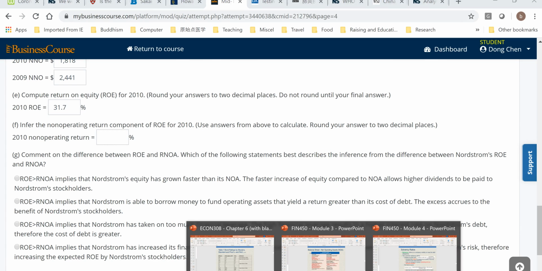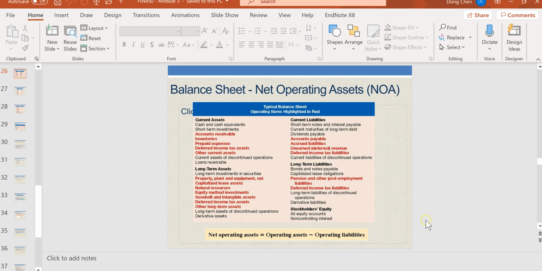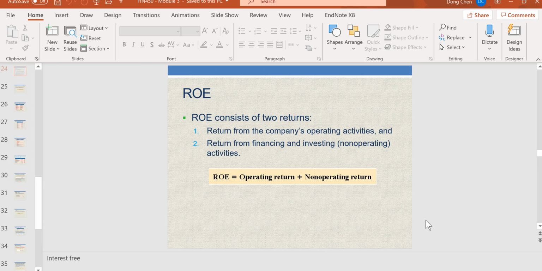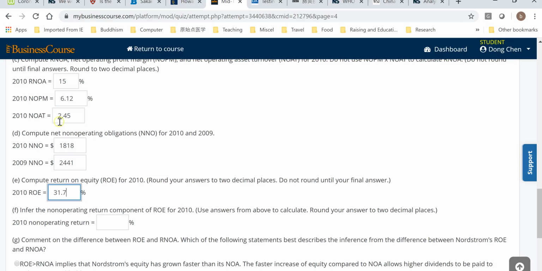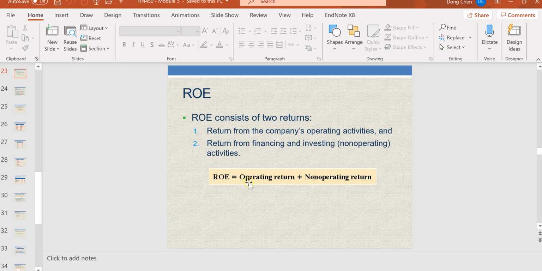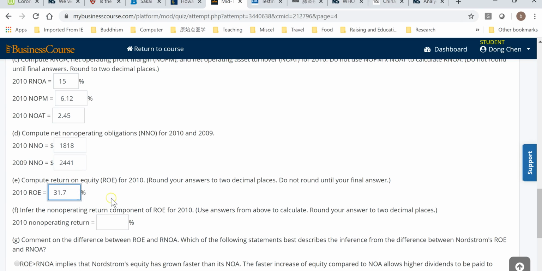So this question requires our understanding that ROE is the sum of the operating return and the non-operating return. So operating return basically is this return on net operating asset, as we just calculated here. And we also calculated this ROE, right, based on its definition.